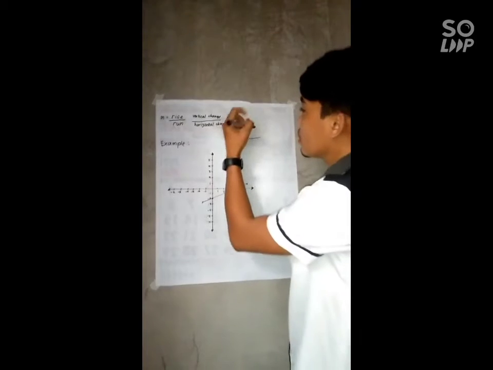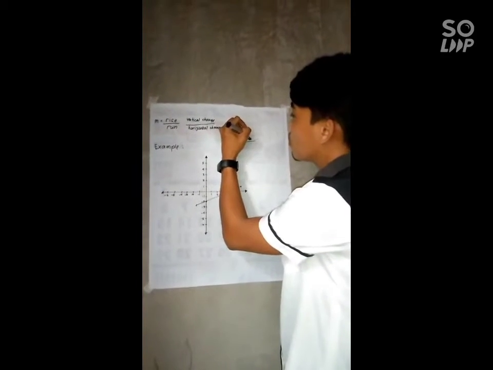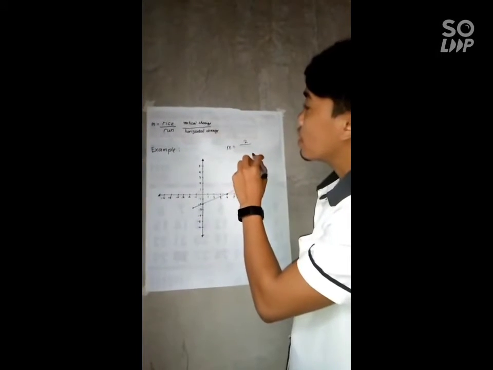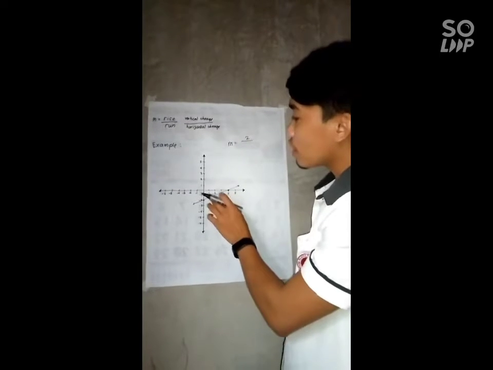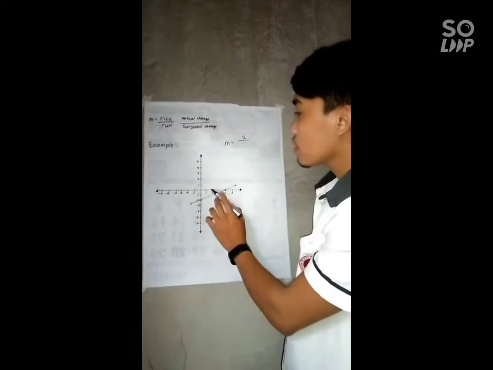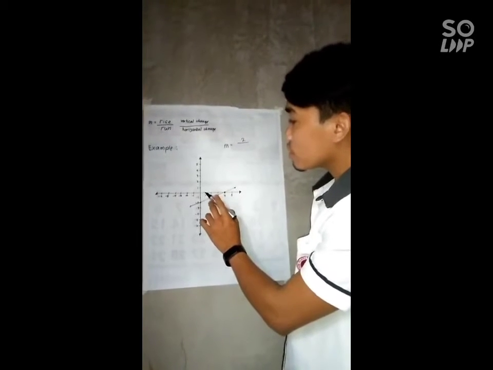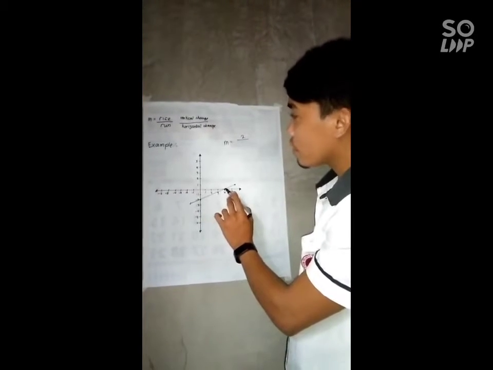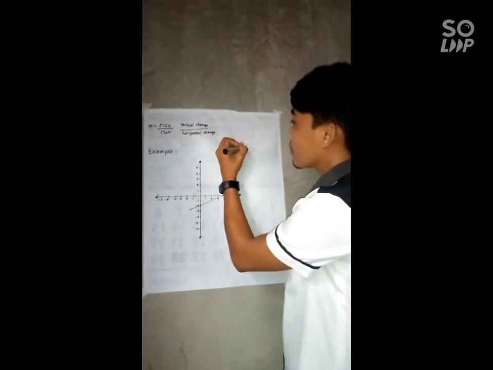Our rise is 2. And then our run, counting horizontally, is 1, 2, 3, 4. So our run is 4.